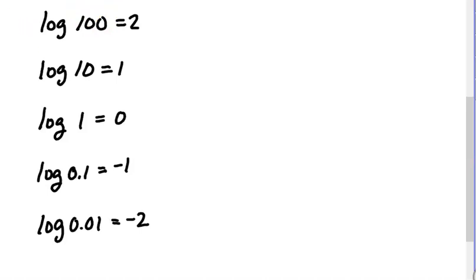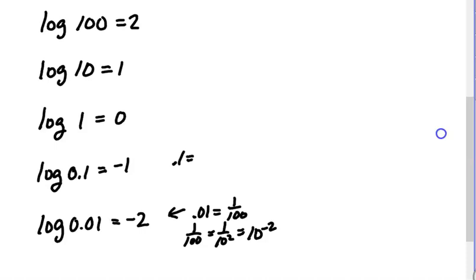That's because 0.01 is 1 over 100. 1 over 100 is equal to 1 over 10 squared, which is the same thing as 10 to the negative 2 power. This is the same as 0.1 is equal to 1 over 10, which is 10 to the negative 1 power. And remember that 10 to the 0 equals 1, and so forth. I think you know the other ones.